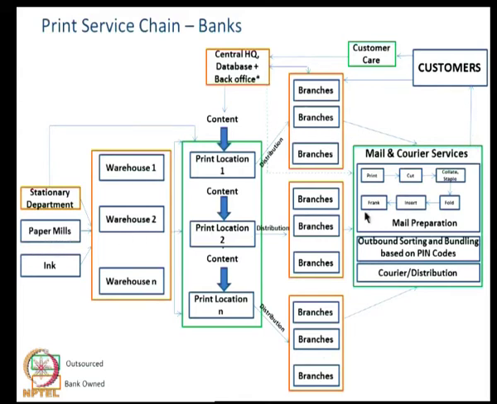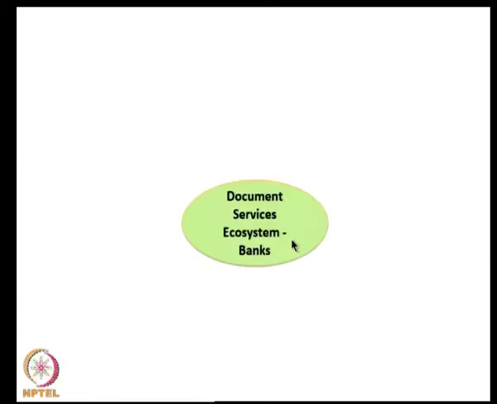So if you look at the entire print supply chain, you take the white paper, print it, and send it to the branches, the customer or the bank branch fills in the account statements, and then it goes back. There are several players in this, and we looked at this because it is a huge expenditure for a bank.